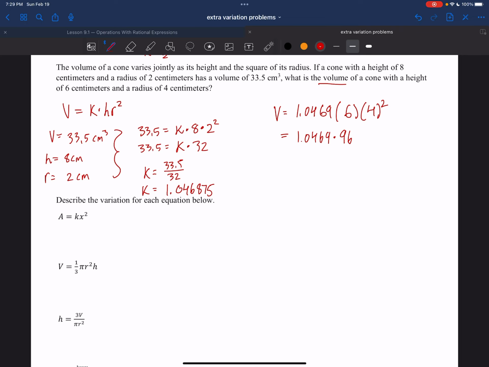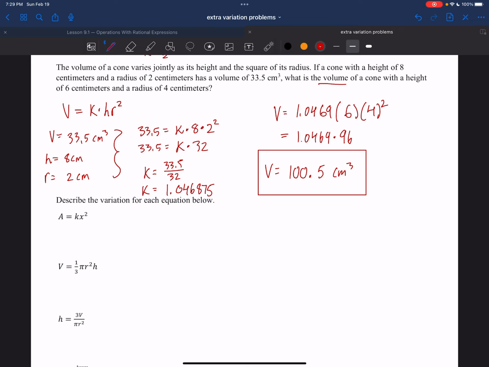So I take 96 times 1.0469 equals, volume equals 100.5. Honestly, that's fine. Centimeters cubed. I get like 100.5024, but whatever. It's fine. That's accurate enough, okay? All right, nice.